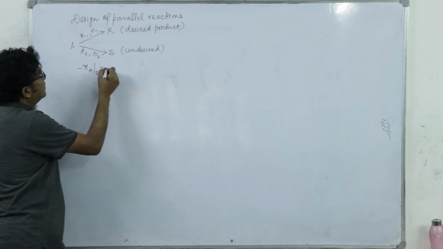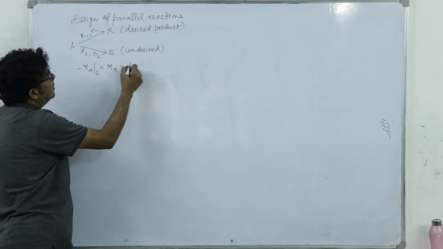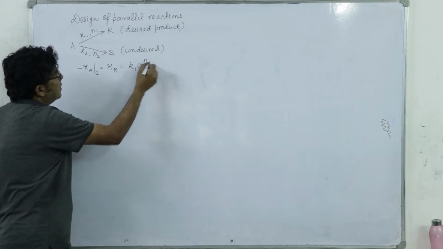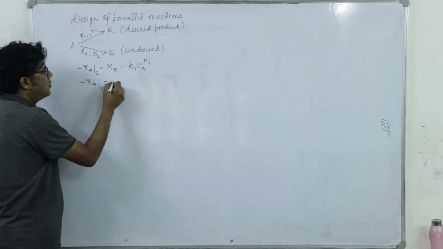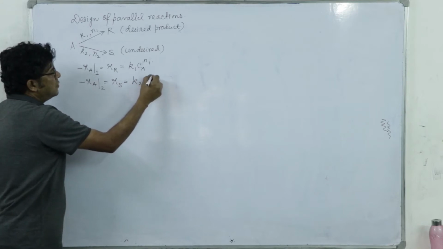So here minus rA in pathway 1, which according to the stoichiometry is the rate of formation of R, is K1 into Ca to the power N1, whereas minus rA for pathway 2, which is rS, is K2 into Ca to the power N2.